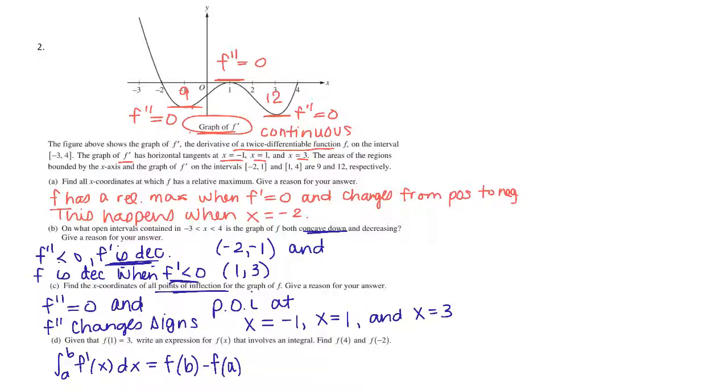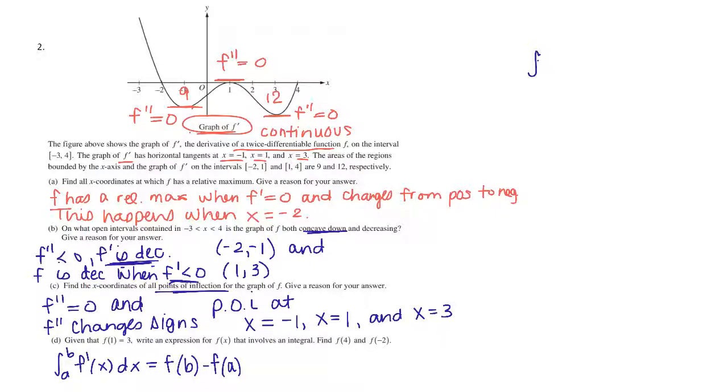So let's see if we can set up an integral over here. I'm going to go over to the side so y'all can see a little bit better. All right, so we're going to integrate. We knew about f at 1, right? And we also know that the bounded area from -2 to 1 is 9, isn't it?